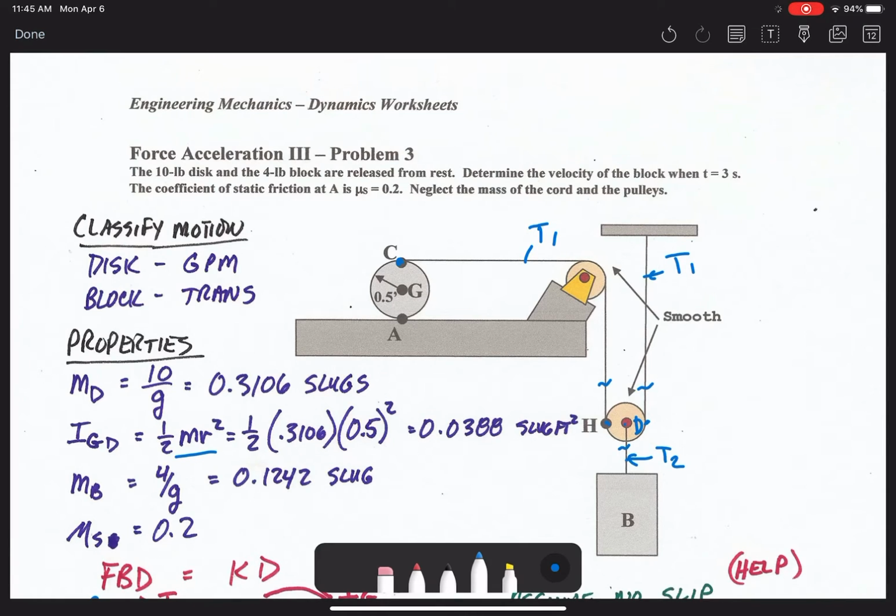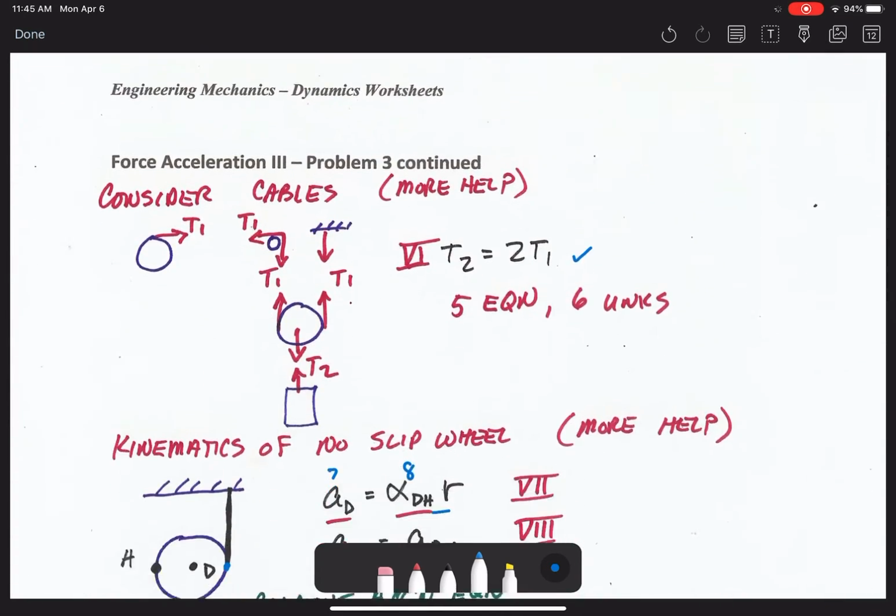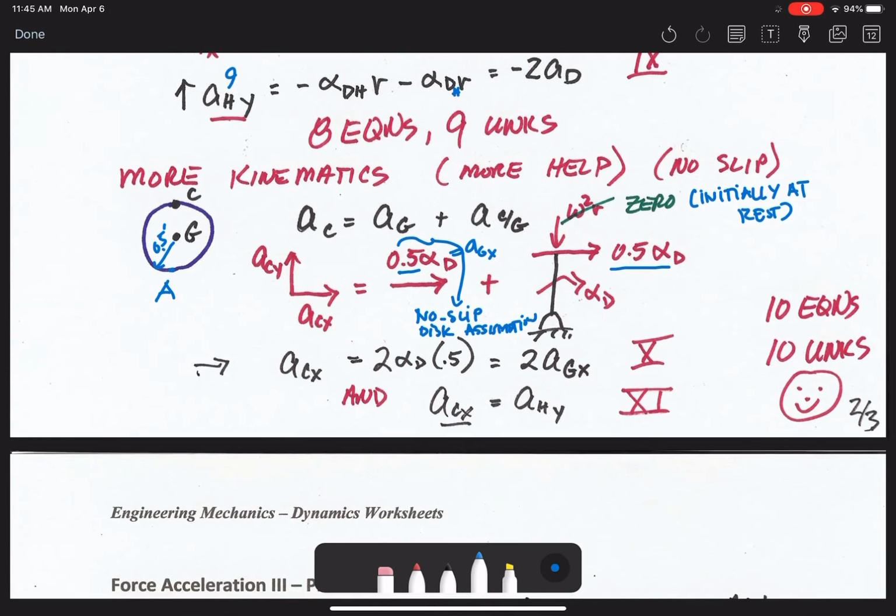So whatever C in the x direction, horizontal move to the right with the acceleration ACX, acceleration H in the y direction AHY, vertically down, will be the same. So that kinematic relationship is very important. They go hand in hand. So we have ACX equal to AHY.